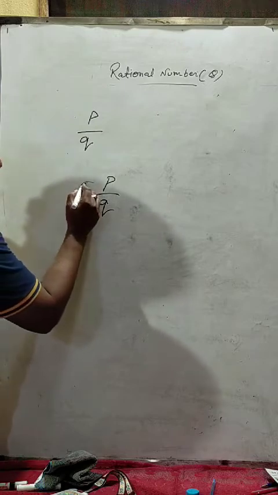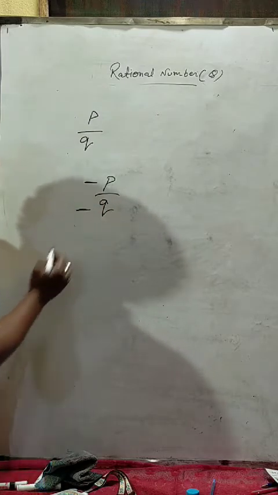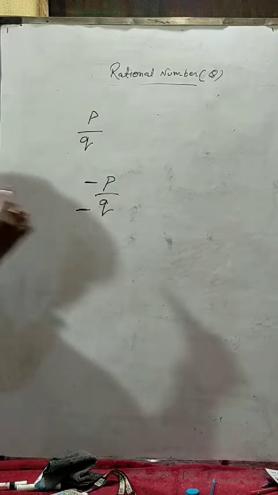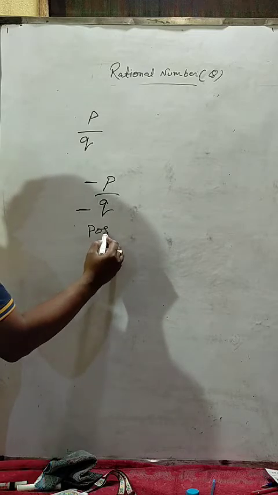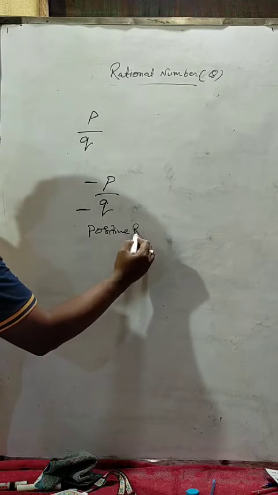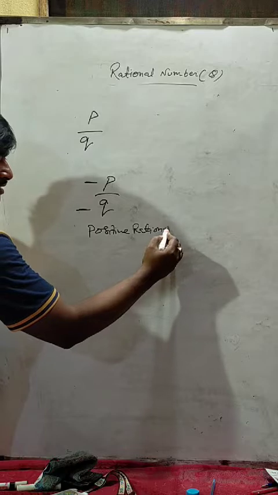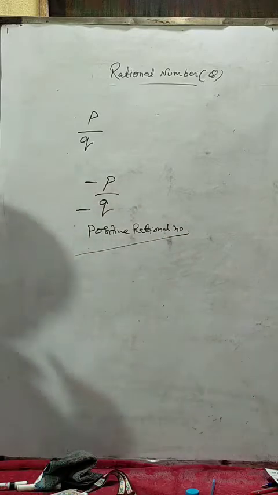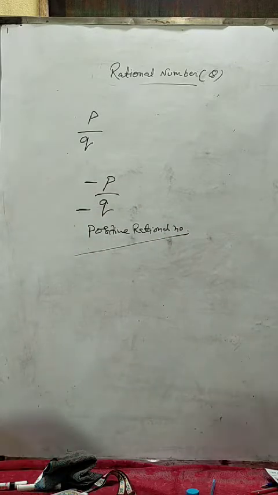So if the signs of numerator and denominator are the same, then we can say it is a positive rational number.